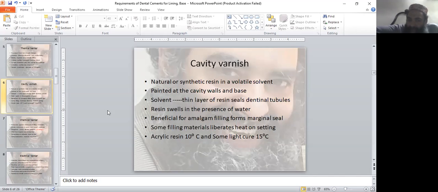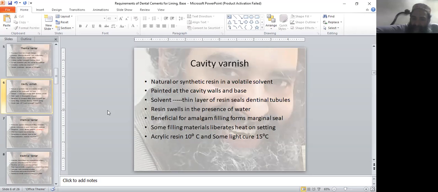Solvent evaporates and resin swells in the presence of water. Now, it is beneficial for amalgam fillings because it forms a marginal seal, especially for amalgam.